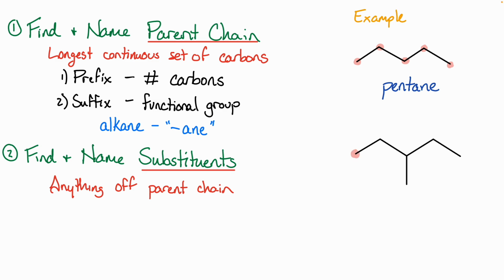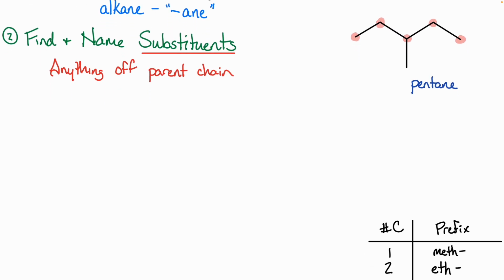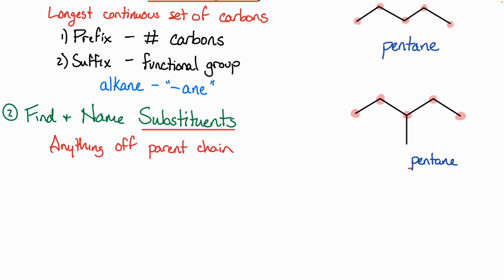So this 1, 2, 3, 4, 5 carbons, that's our parent chain of pentane. But now we're going to stick something on the front here to account for all of those substituents on there. All right, we got to find and name our substituent. So my substituent, I found it. It's this carbon right here.